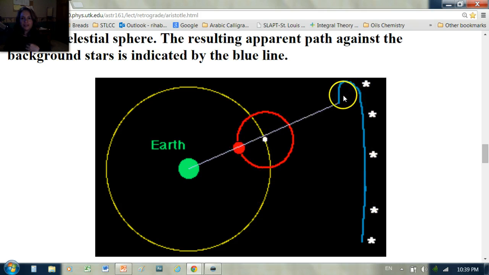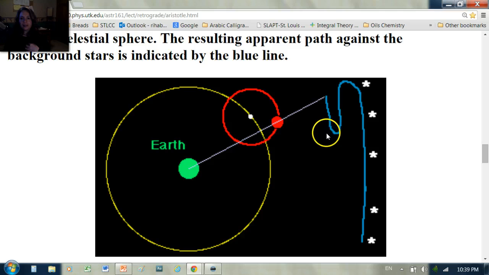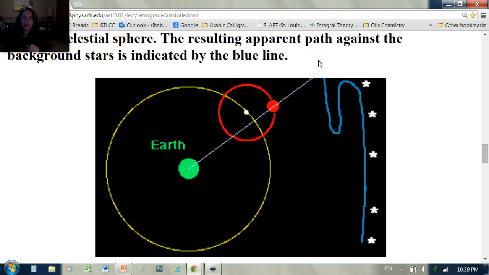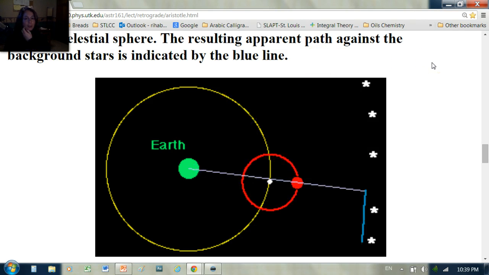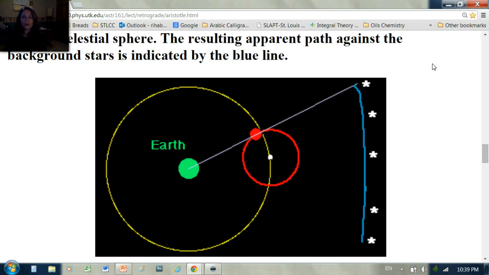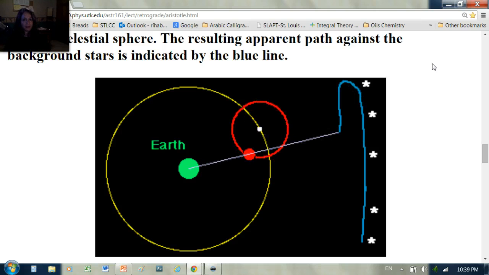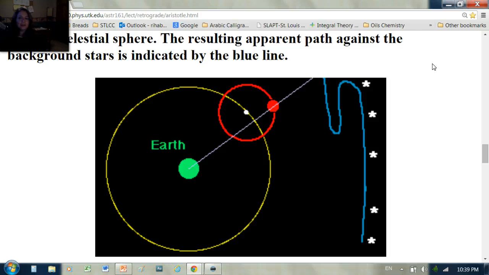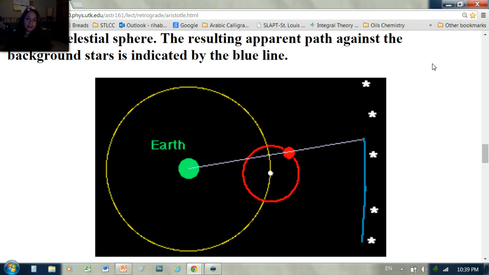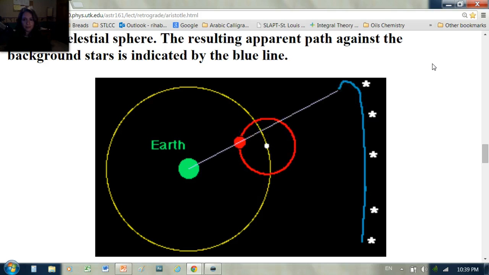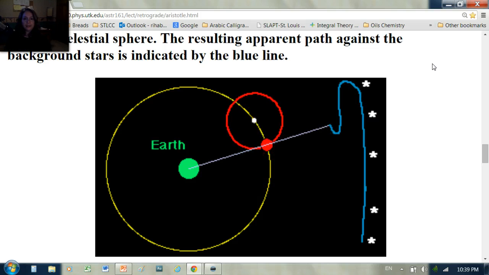Then over the next few weeks, it would be moving backwards, and the next few weeks, it would be moving forward again. And that was the puzzling part that needed a more complex mathematical model to explain this apparent retrograde motion.